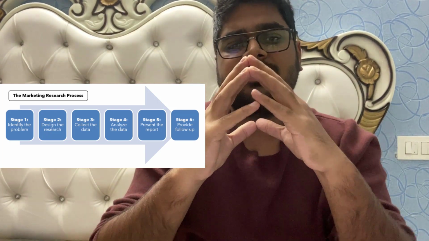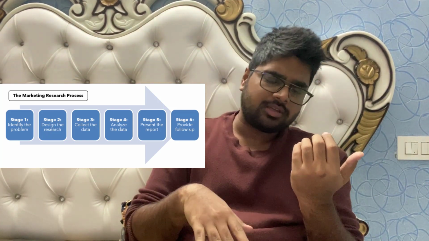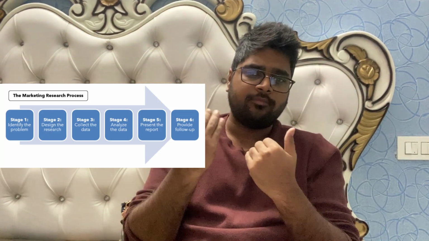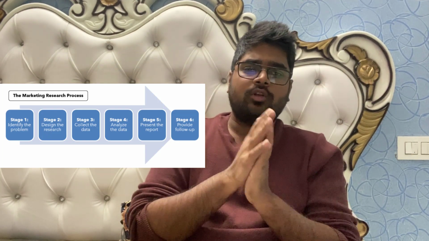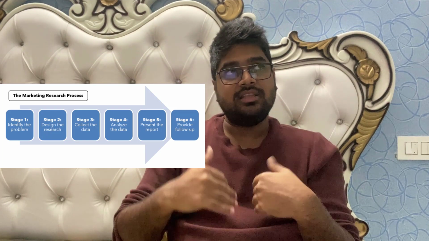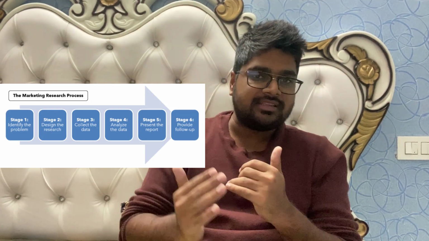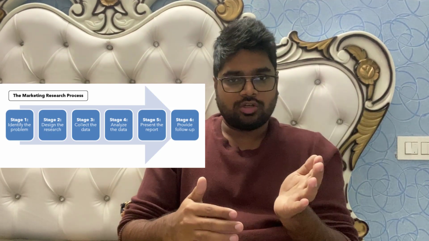So companies decide which step they want to skip. Obviously they cannot skip all steps, but basically we shorten the time frame of that, and which step they want to elaborate on, what is their problem statement, accordingly they decide. But these 6 steps are basically uniform. They have to go through each step to finally come to a conclusion, right?